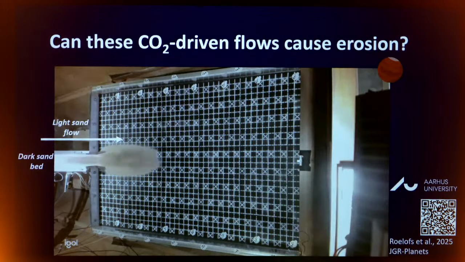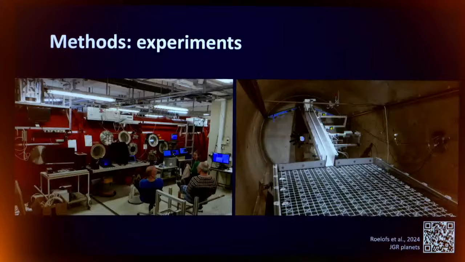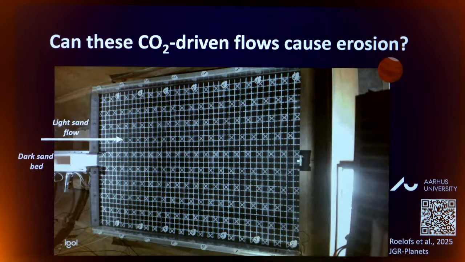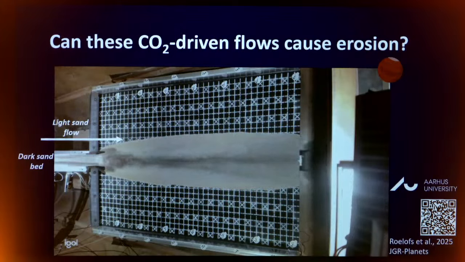When I press play, you see that this darker material is indeed picked up, incorporated into the flow and transported down. I can show it one more time. It gets so far that our flume was actually not big enough and the sand was transported over it. This is 2 meters on a slope of 10 degrees, so it's quite a shallow slope. This is a really fluidized flow.